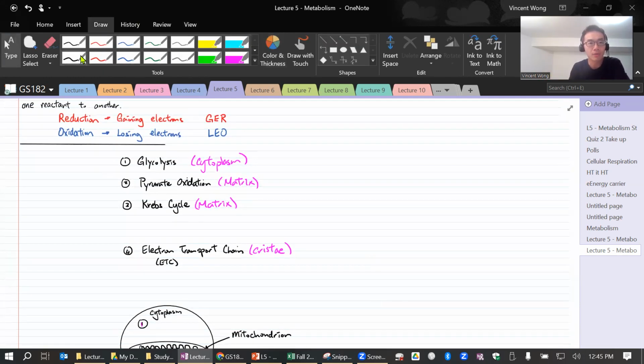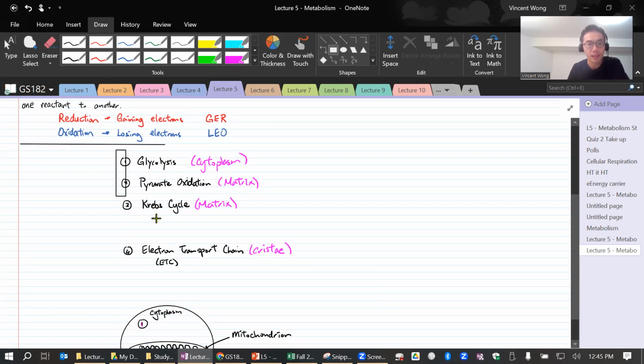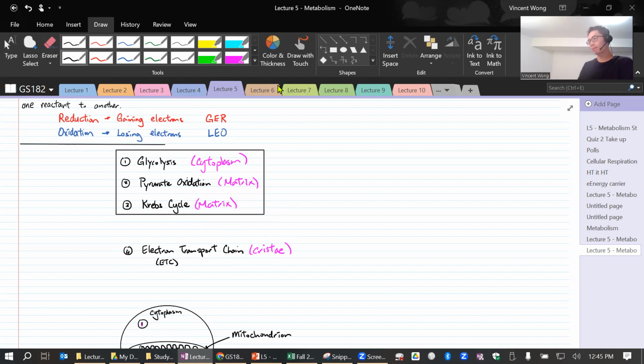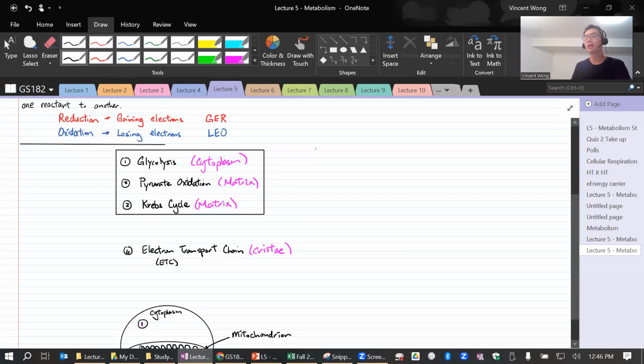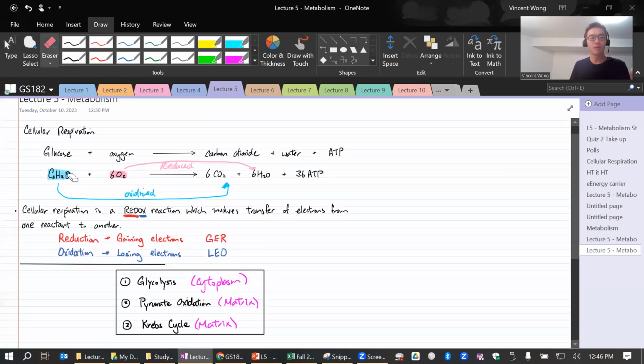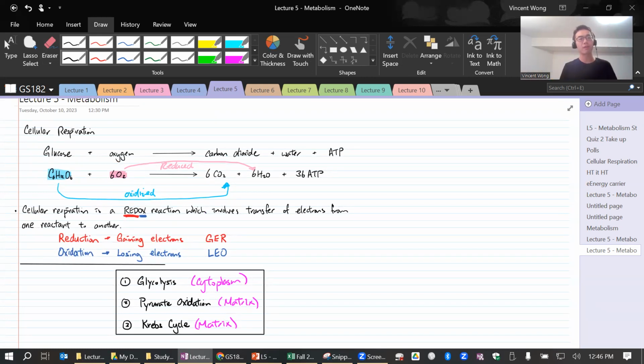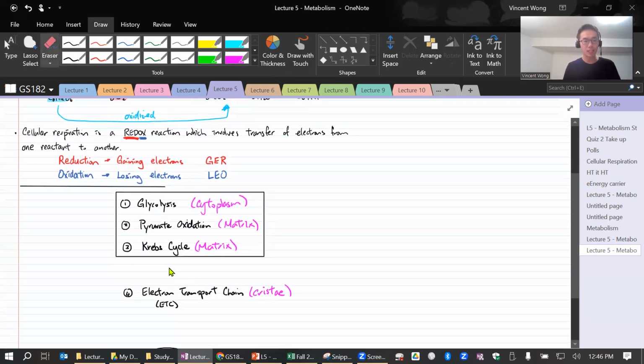Let's go back to this picture here. In the first 3 steps, glycolysis, pyruvate oxidation, and Krebs cycle, we will focus on removing electrons from glucose. Remember, this is a redox reaction. Something is going to be losing electrons, something else is going to be gaining them, and we will be removing them from the glucose. That happens in the first 3 steps.